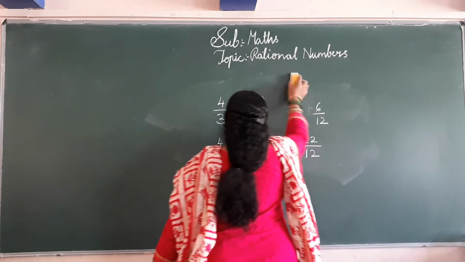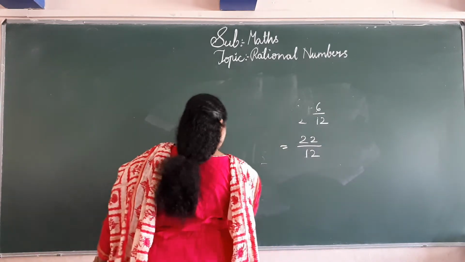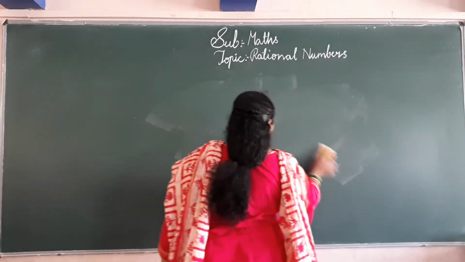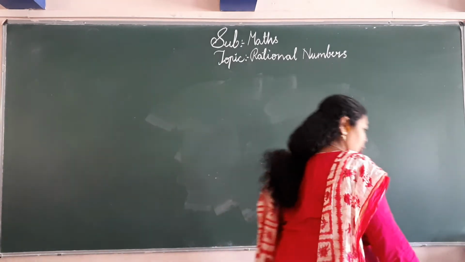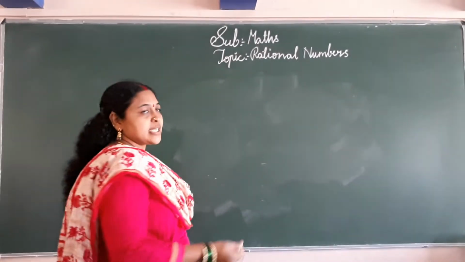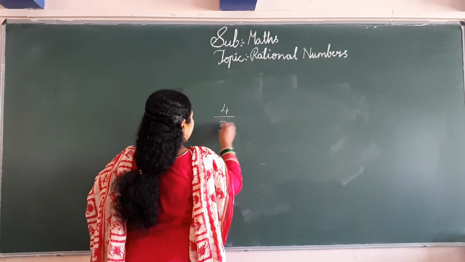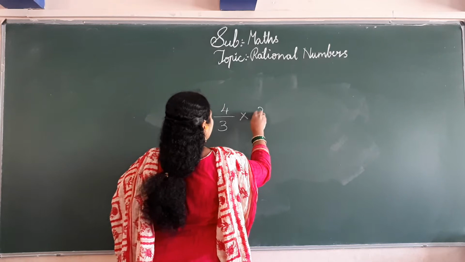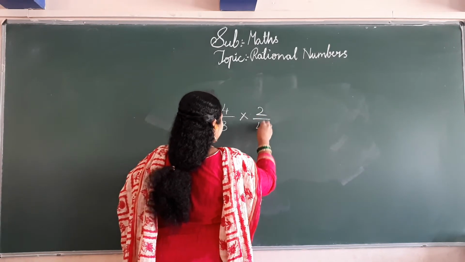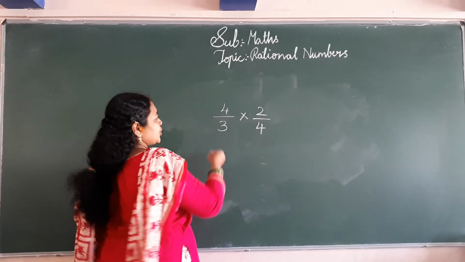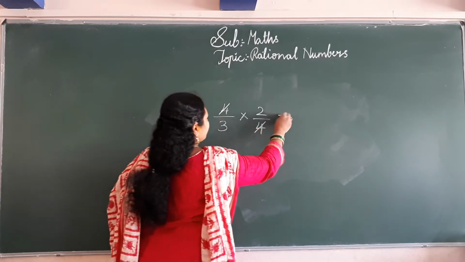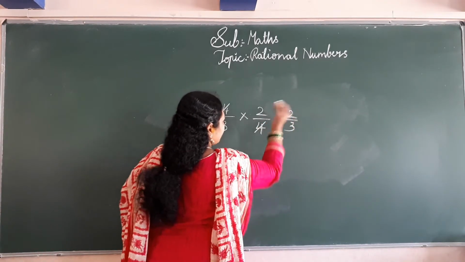The next one, we will go with multiplication. Multiplication of fractions is not so difficult, isn't it? It is mostly an easy method for us. As we had 4 by 3 into 2 by 4, what did we used to do? Cancel 4 and 4, 2 by 3.